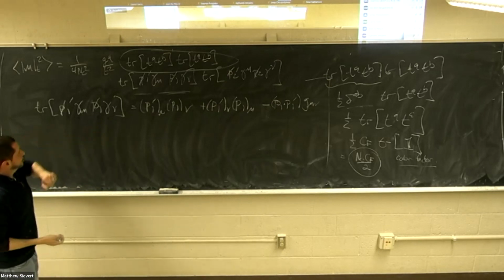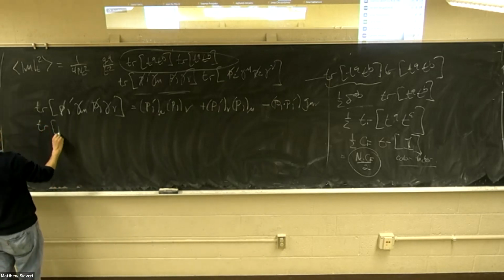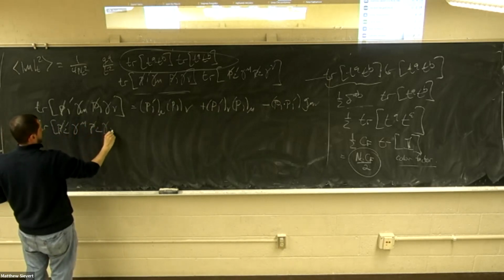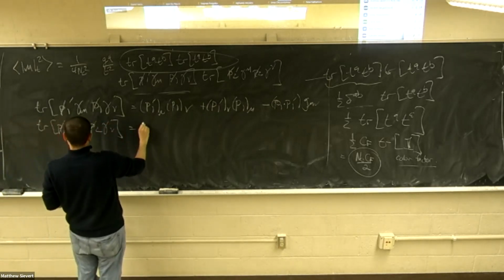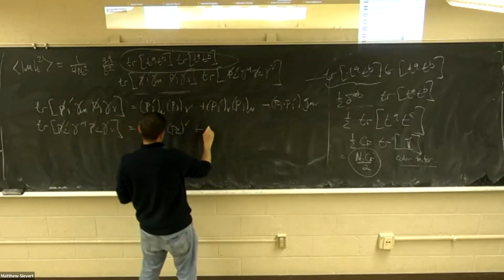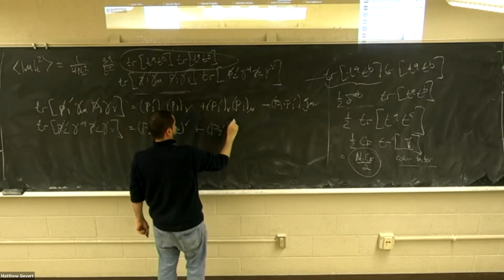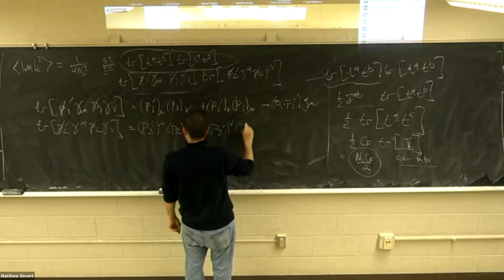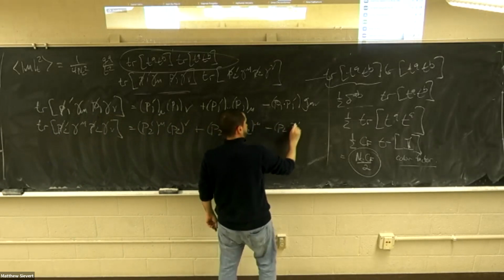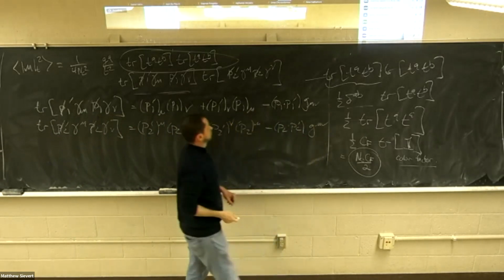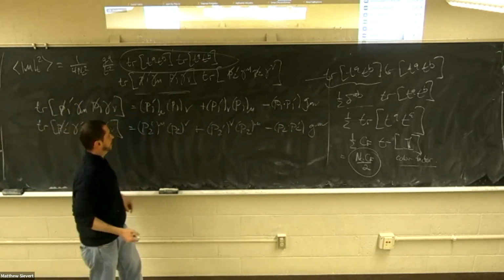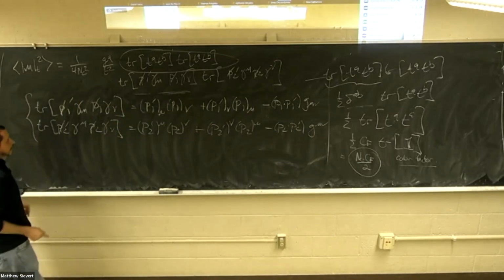I can do this for one trace, and I can do it for the other trace, P2' slash gamma mu, P2 slash gamma nu. This is P2' upper mu, P2 upper nu, plus P2' upper nu, P2 upper mu, minus P2 dot P2' g upper mu nu. And this gives me the first trace, this gives me the second trace, and then I just need to multiply them all together.